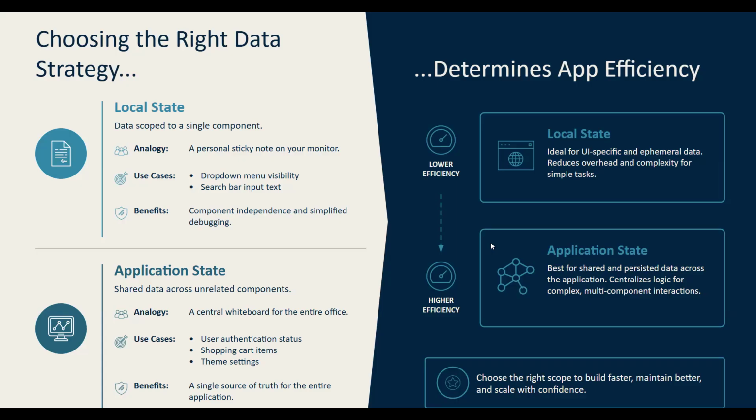So, in general, local state is great for smaller UI specific tasks because it keeps things simple. Application state is better when multiple components need access to the same data or when that data needs to persist across the app. So the main goal is just choosing the right place for data so that the app stays easier to build, debug, and scale.